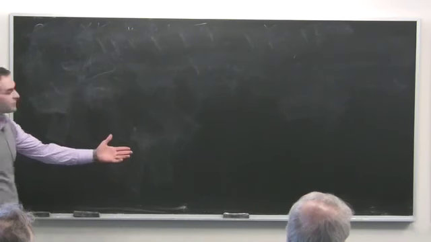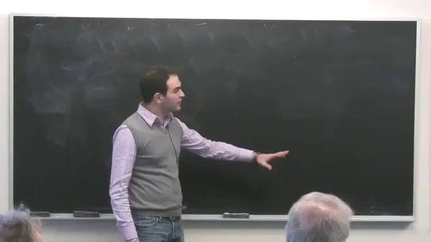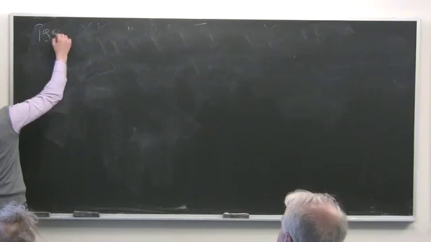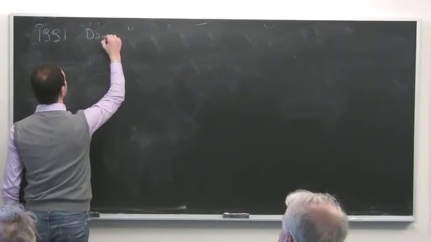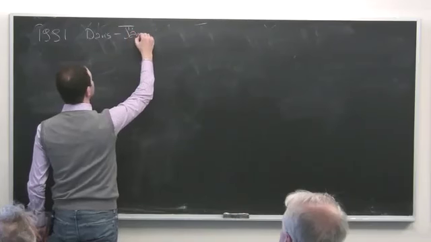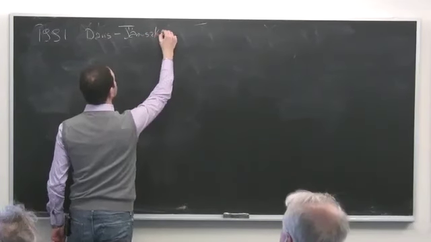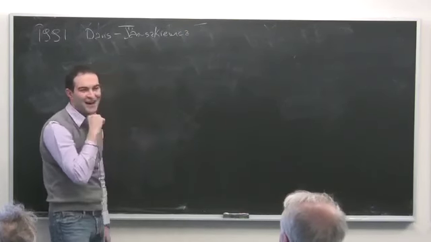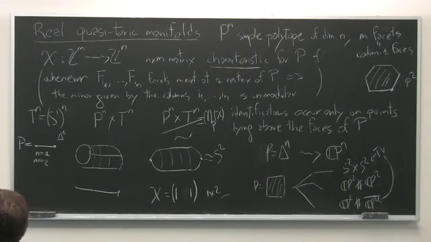Why did people want to study them anyway? I think the input for these quasi-toric manifolds came in the early 90s. So 1991, Davis and Januszkiewicz published a beautiful paper in the Duke Mathematical Journal, in which they realized that a lot of the properties of toric varieties that had been studied a lot are essentially topological.